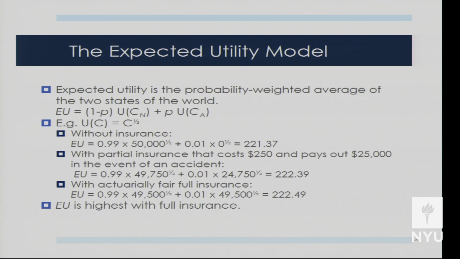Okay, now we're going to talk about the expected utility model. Expected utility is the way we think of an agent's utility over risk, over an uncertain set of outcomes.